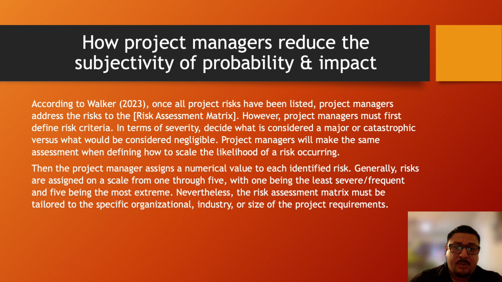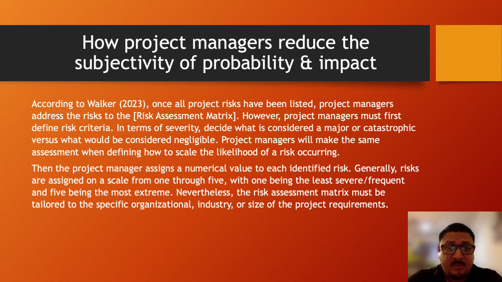Now, how can project managers reduce the subjectivity of probability and impact? According to Walker, once all project risks have been listed, project managers add the risks to the risk assessment matrix. However, project managers must first define risk criteria in terms of severity, deciding what is considered major or catastrophic versus what would be considered negligible.